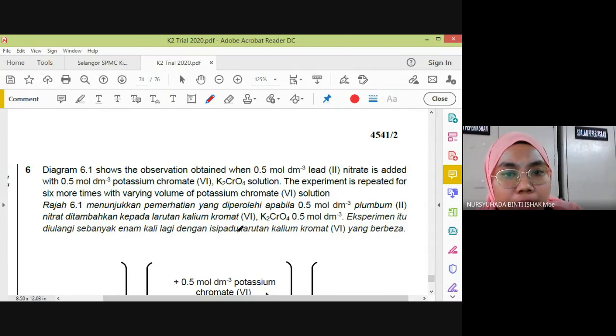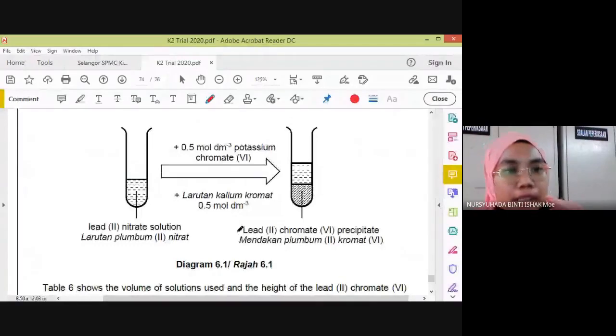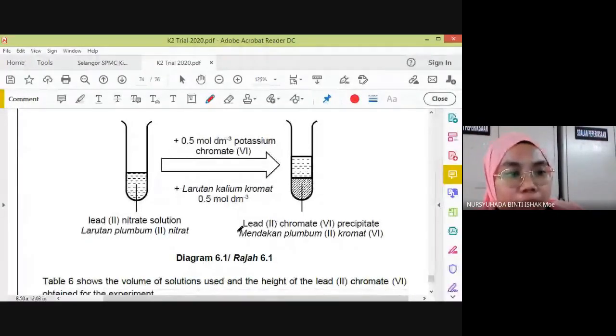Okay, the experiment is repeated 6 more times with varying volume of potassium chromate. Kita tengok sini. Dekat sini equation kita nampak lead nitrate bila react dengan potassium chromate, dia akan dapat lead chromate precipitate. Dia akan form precipitate.